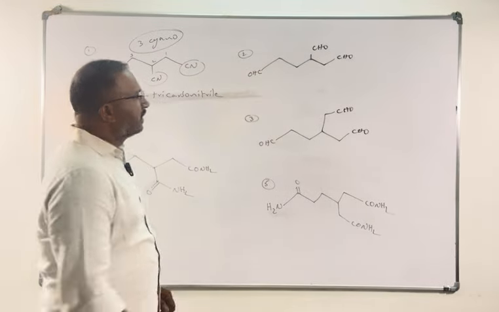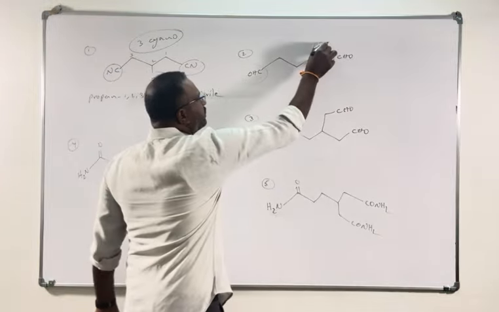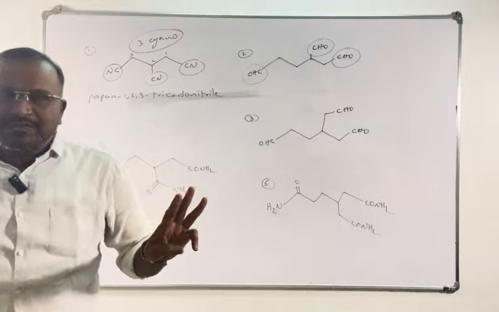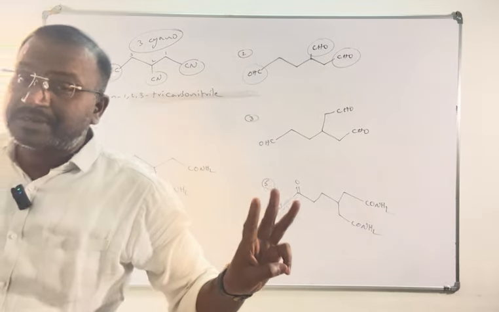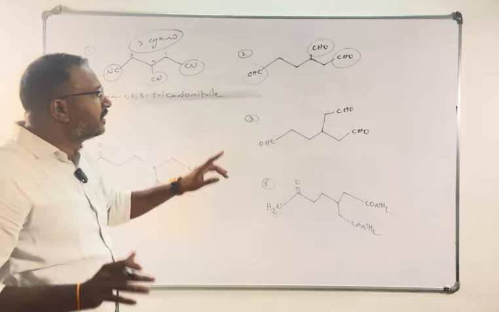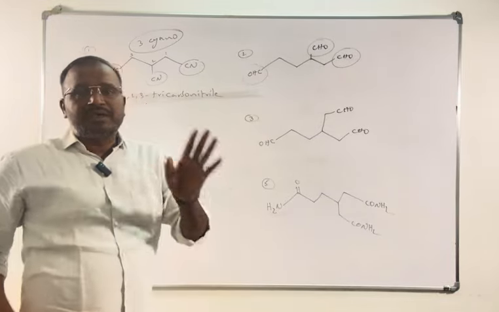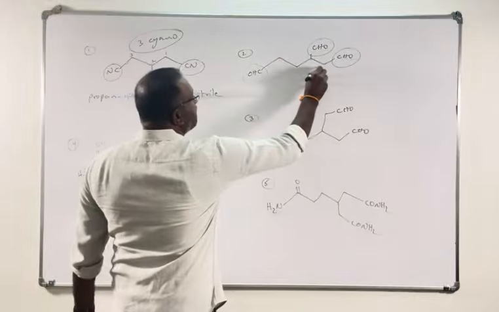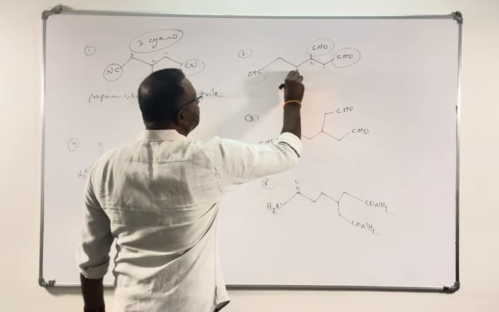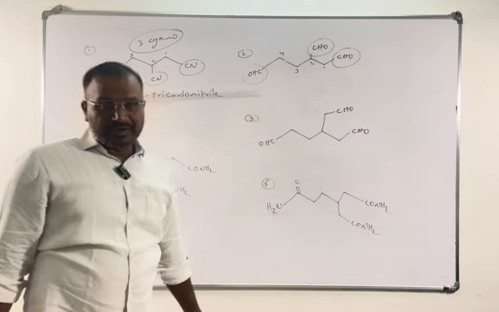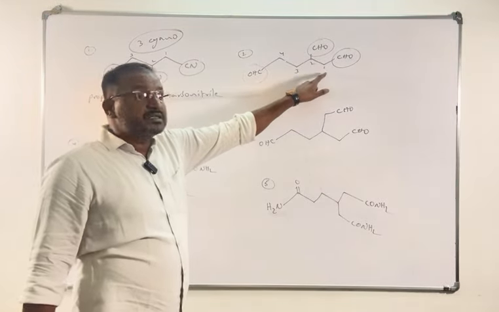This is an aldehyde functional group, this is an aldehyde functional group, this is an aldehyde functional group. The 3 functional groups are of the same type, so they get the same priority. We cannot give high priority to one particular group. So the numbering starts from here, 1, 2, 3, 4, following the lowest locant rule.